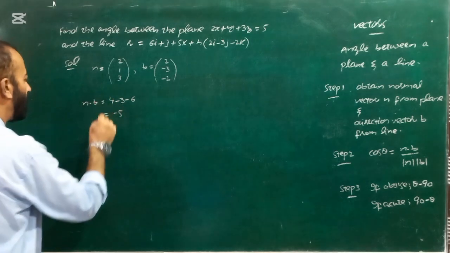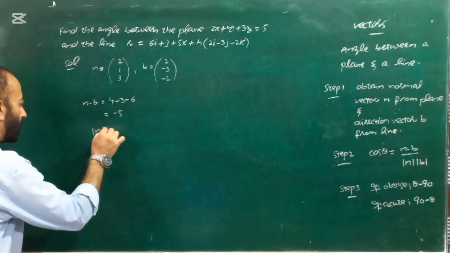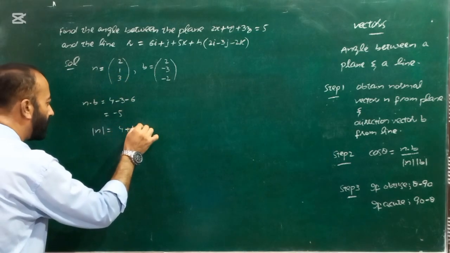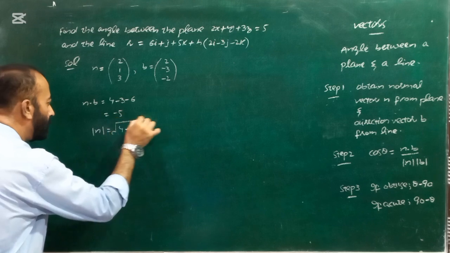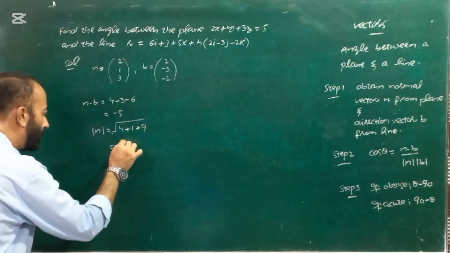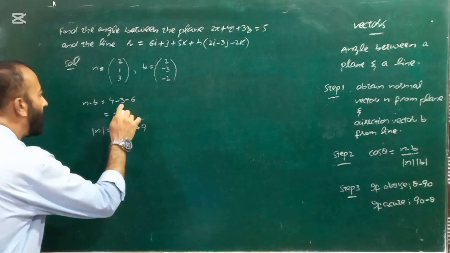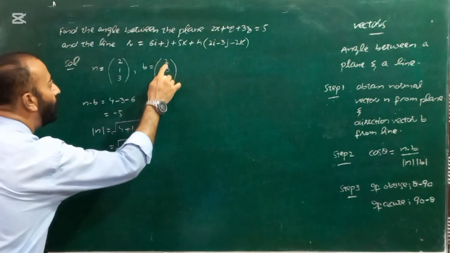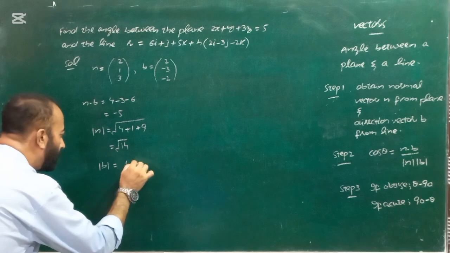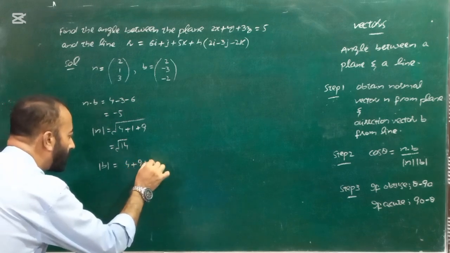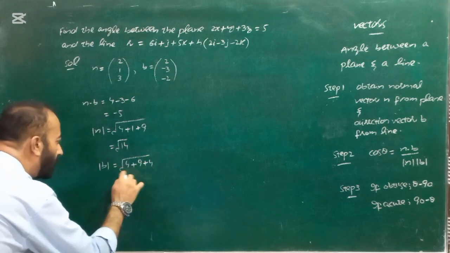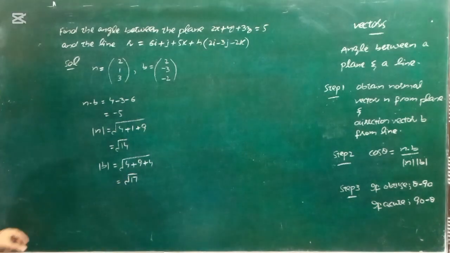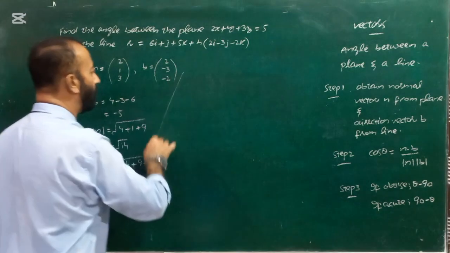The next thing that is required is n magnitude and b magnitude. So n magnitude is square root of 4 plus 1 plus 9, that is square root of 14, and then b magnitude is square root of 4 plus 9 plus 4. So 8 plus 9, square root of 17. And finally, we are going to put these values into the formula.